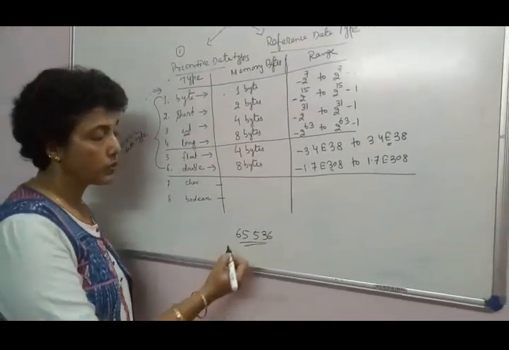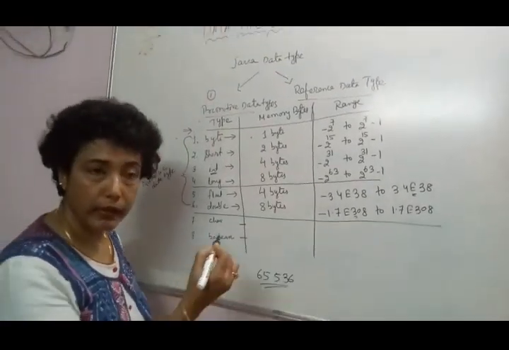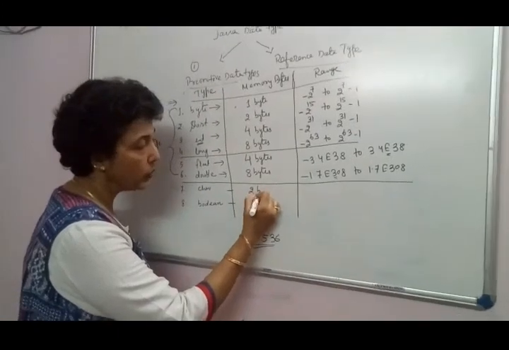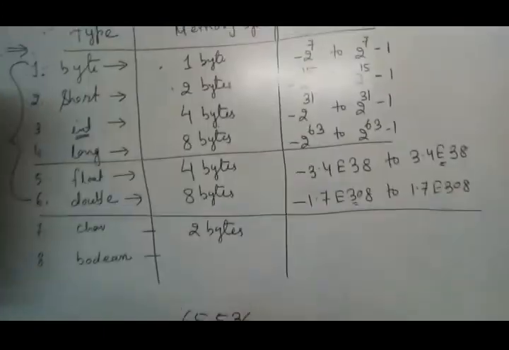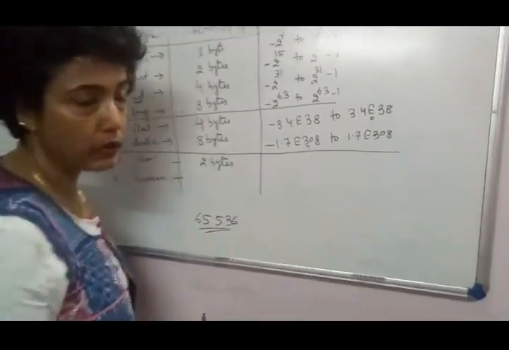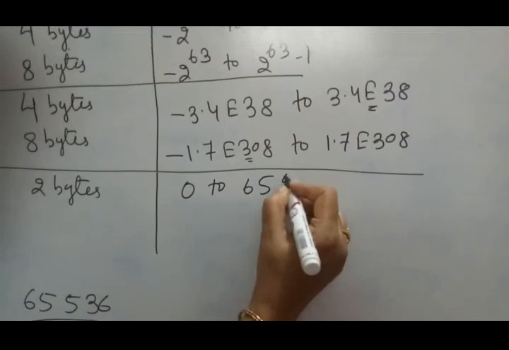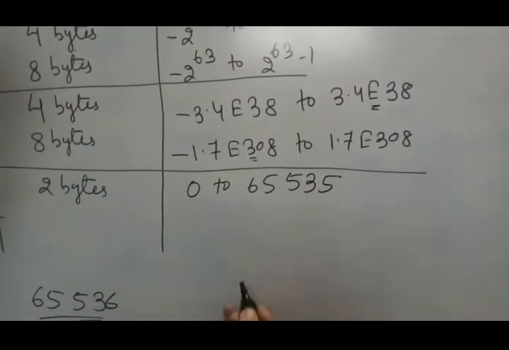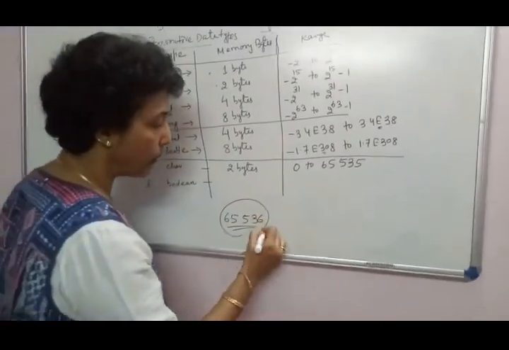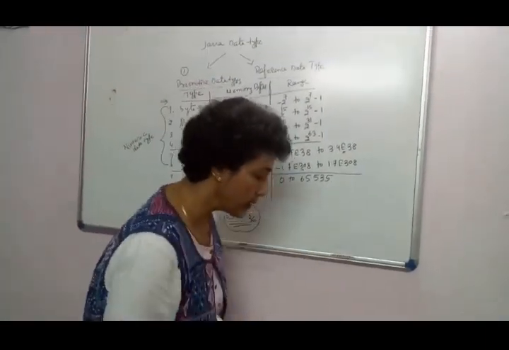So the char data type is used for storing a character constant, and it requires 2 bytes of memory, and the range of the character that it is going to store is 0 to 65,535. So when you count from 0, it is coming to 65,536, but the range is 0 to 65,535.